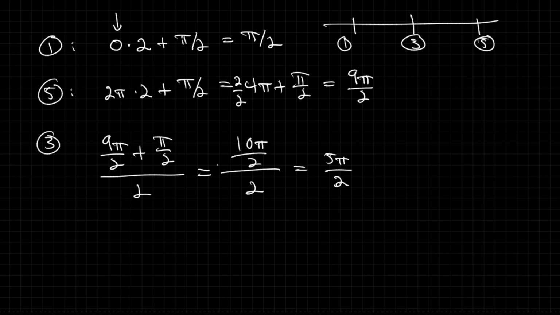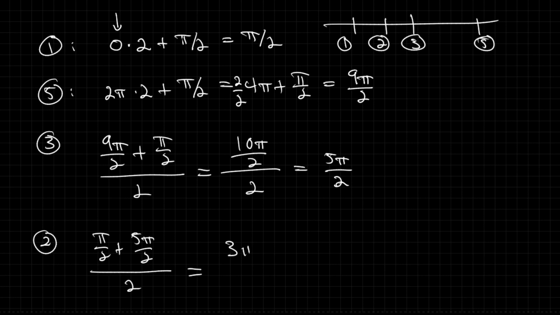Then for the second coordinate, we average 1 and 3. So for the second coordinate, we get pi over 2 plus 5 pi over 2 divided by 2. So this is 5 pi over 2 plus pi over 2 is 6 pi over 2, which is 3 pi, all divided by 2. And then for the fourth coordinate, we'll go ahead and get the number between 3 and 5.